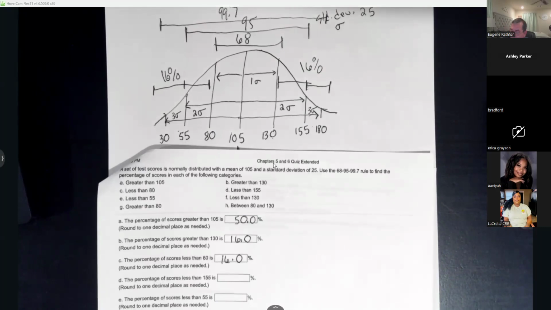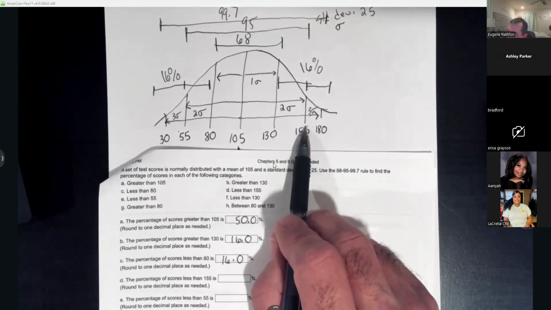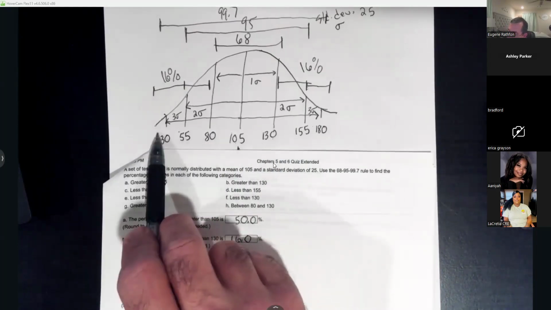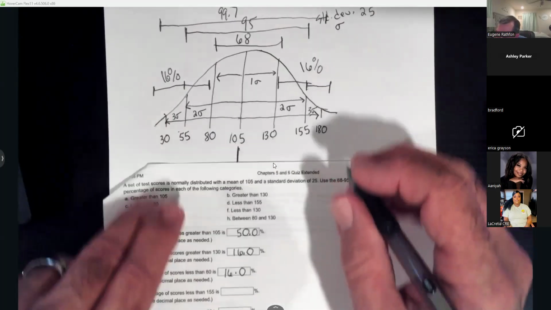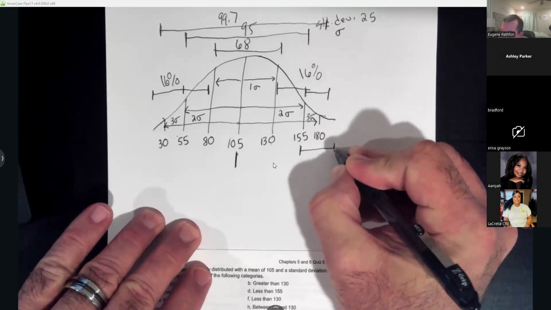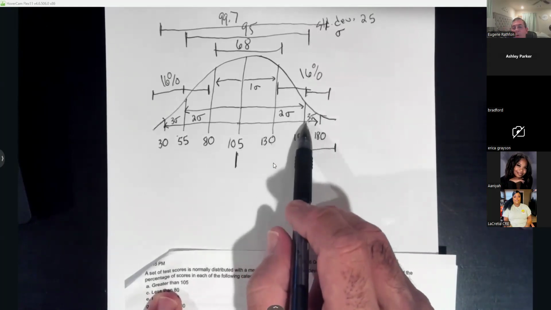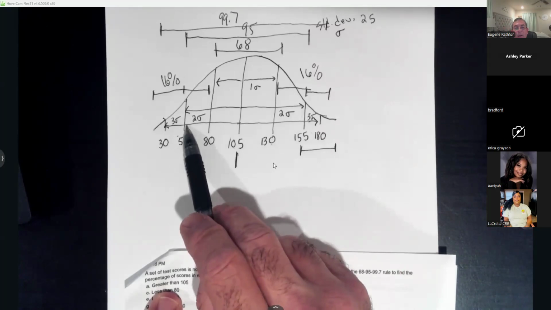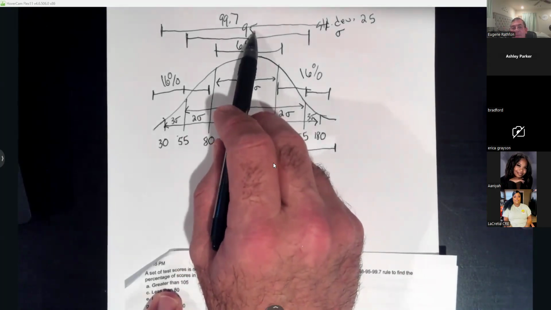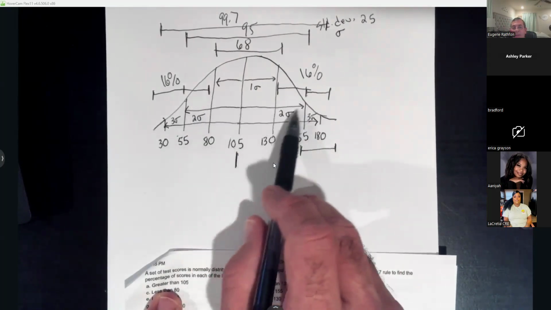All righty. Percentage of scores less than 155. Y'all, here's 155. So I'm looking for everything down here. So what we got to figure out is how big is this part? Okay, so from 55 to 155, that's 95% of your data, in between here, two standard deviations.